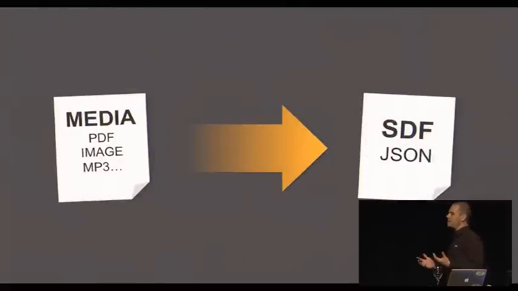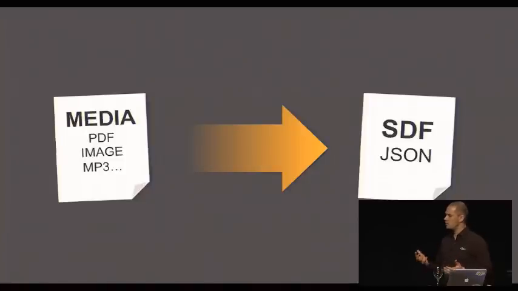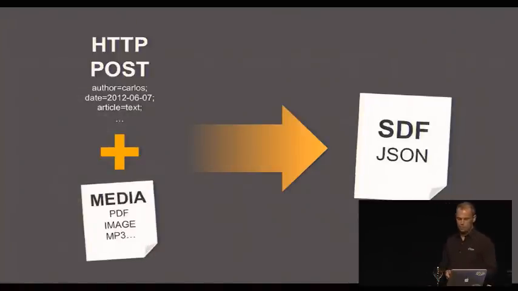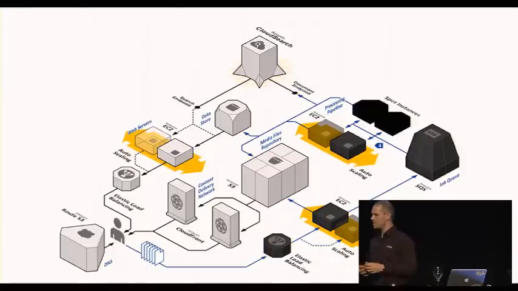With any media sharing solution, we'd probably be uploading PDFs, multimedia, images, MP3s, etc. So we convert these to the search document format, post the content to the upload endpoint, and then we can introduce CloudSearch into this architecture and allow our customers to search based on the content of the shared media platform.